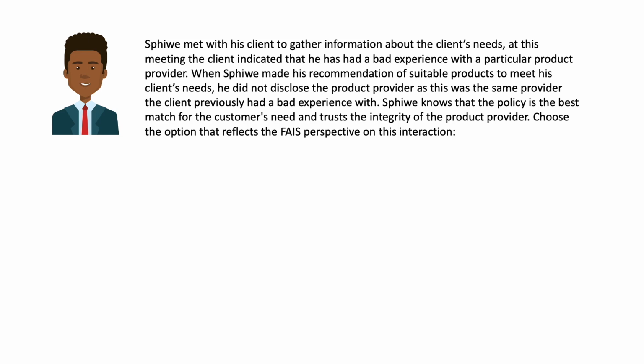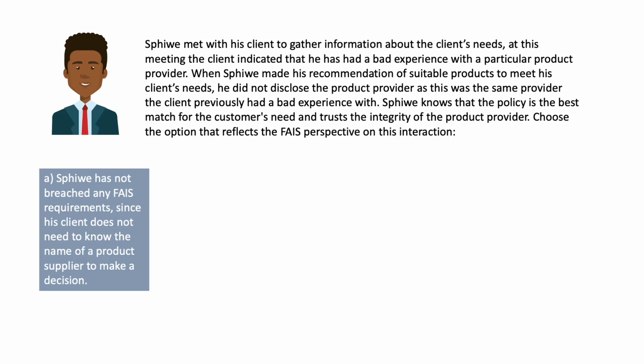Supplier knows that the policy is the best match for the customer's need and trusts the integrity of the product provider. Choose the option which reflects the phase perspective on this interaction.